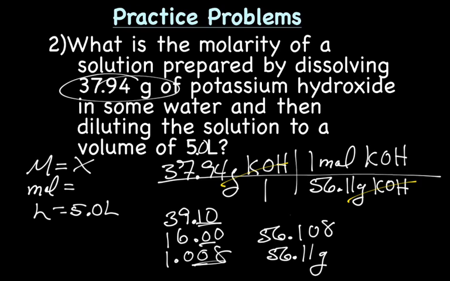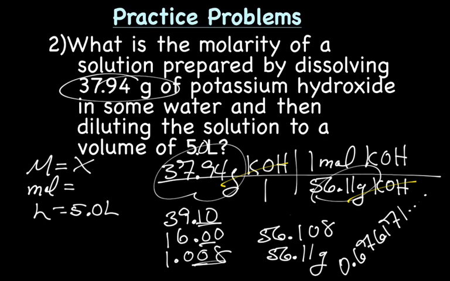These cross out. So now we will multiply and divide, and I really hope I don't make a mistake here. I got 0.67617, etc. moles.